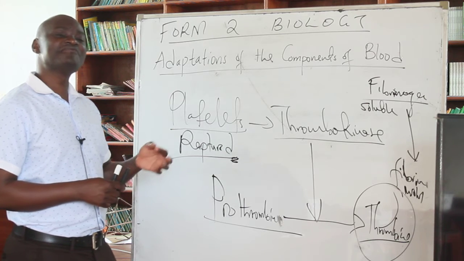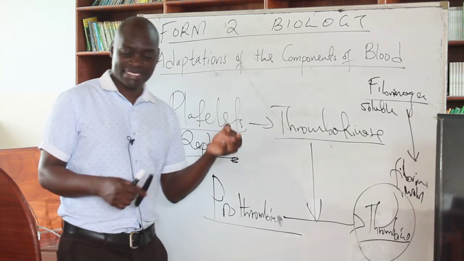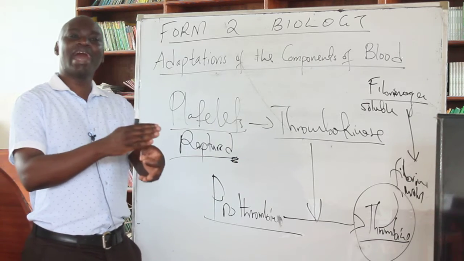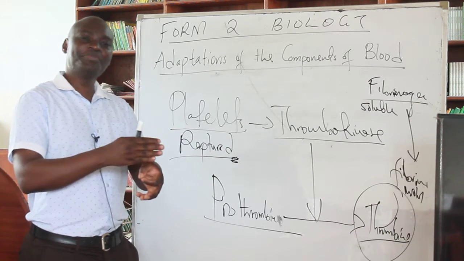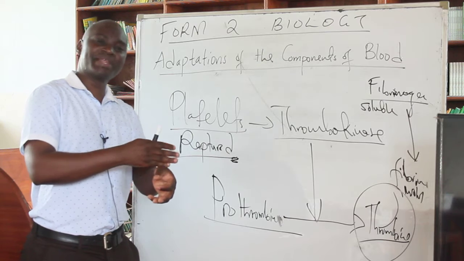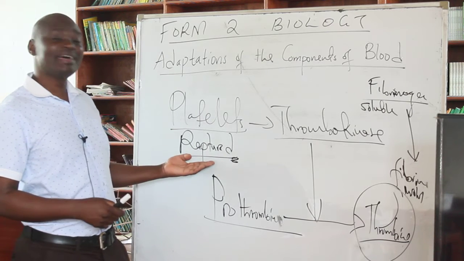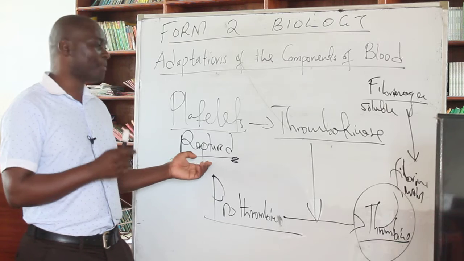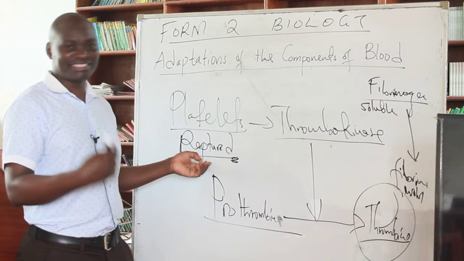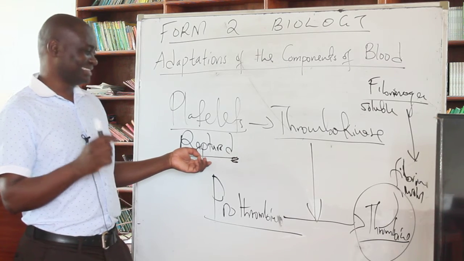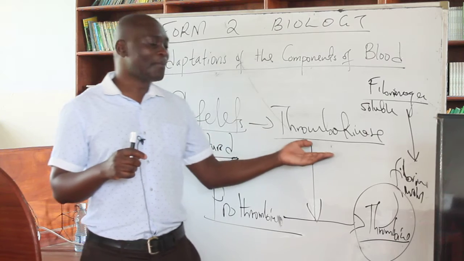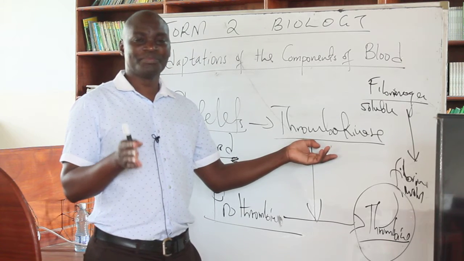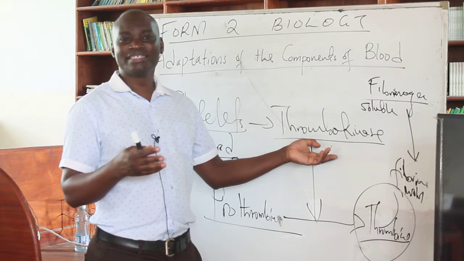The platelets are very delicate. They are so soft that even air alone can rupture their surface, can break it open. So when the surface of the platelets has been broken open, the platelets will release what is called thromboplastin. The other name of thromboplastin is thrombokinase.